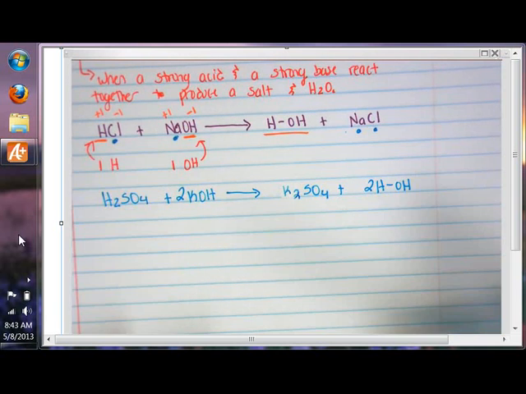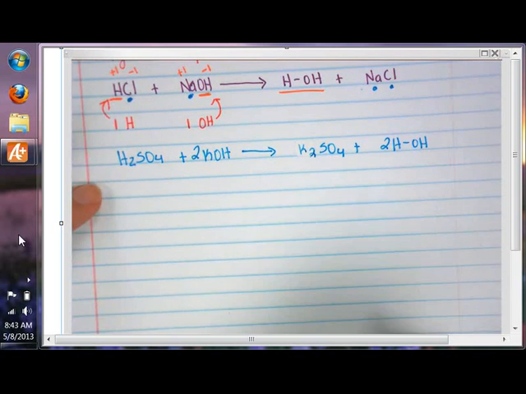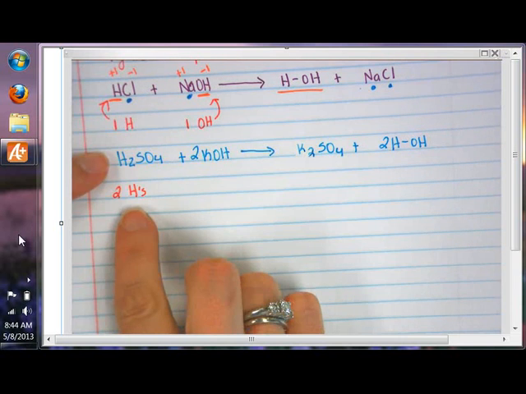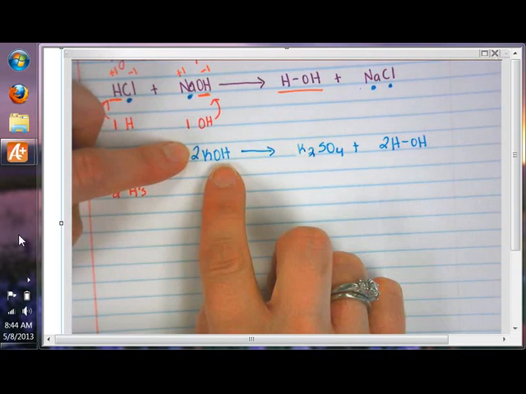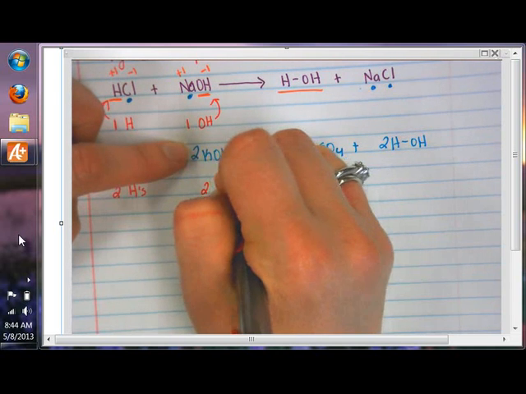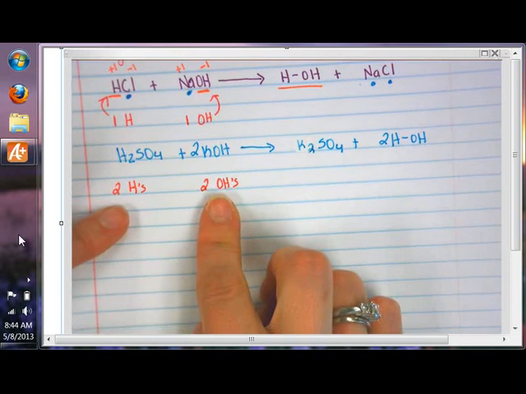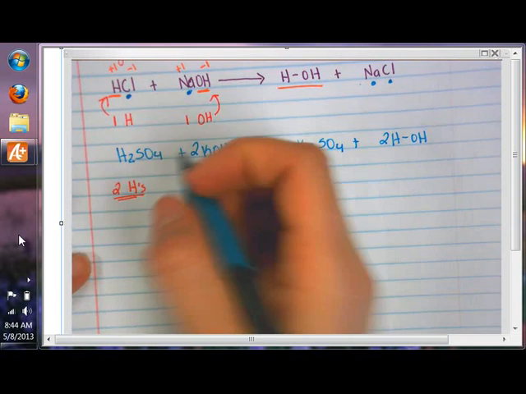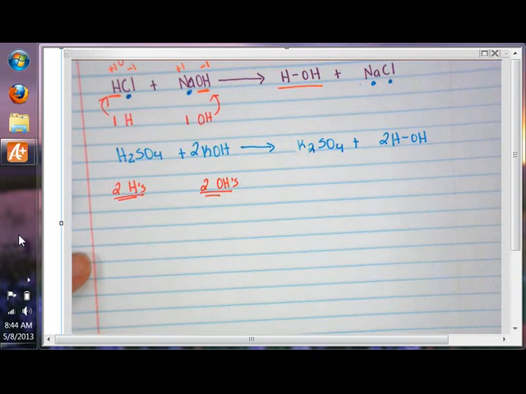Now, notice, once again, there are 2 H's here. Okay, and because I put the 2 in front to balance it out, there are 2 OH's. Okay, they cancel each other out. So I'm going to go ahead and switch colors.